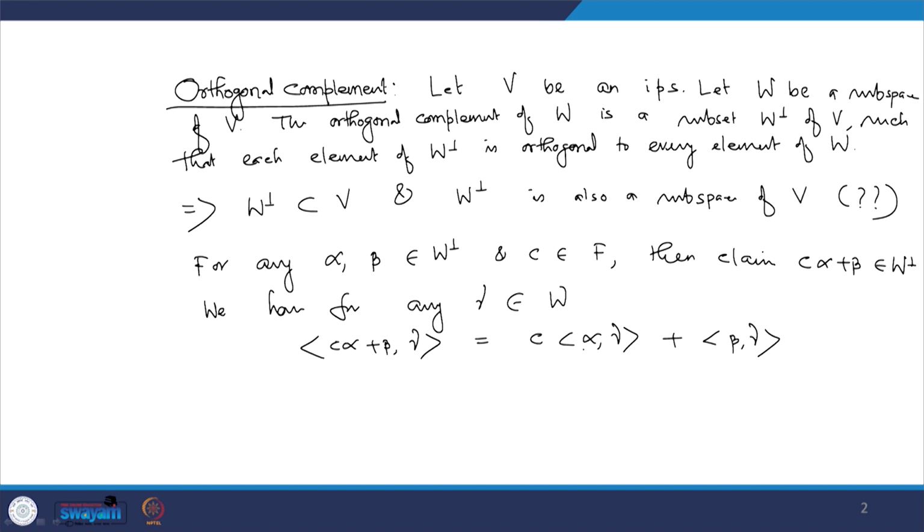Since alpha belongs to the orthogonal complement and beta also belongs to the orthogonal complement, this is equal to 0 and this is also equal to 0. So, this means that the whole expression is equal to 0. So, c alpha plus beta also belongs to W complement. So, we see that the orthogonal complement of the subspace W is also a subspace of the vector space V.